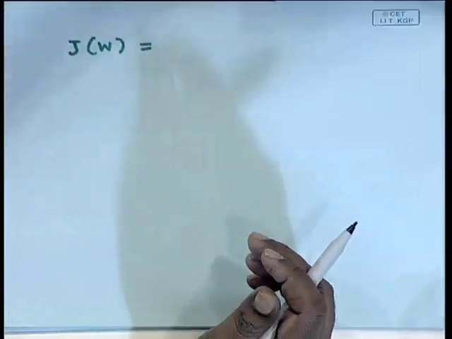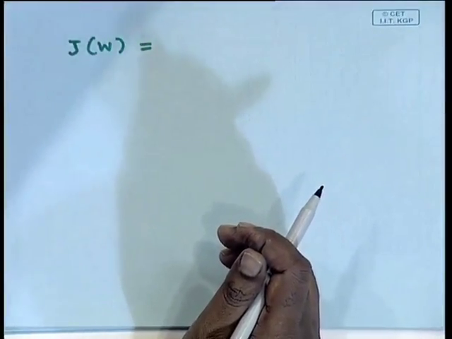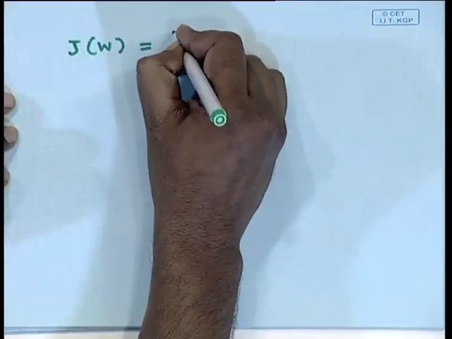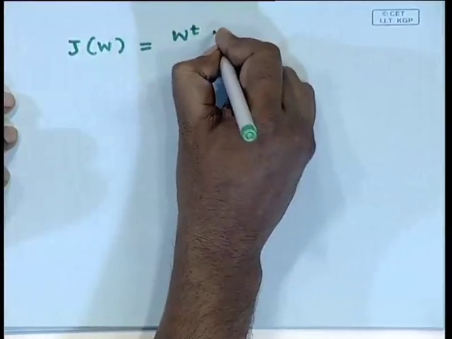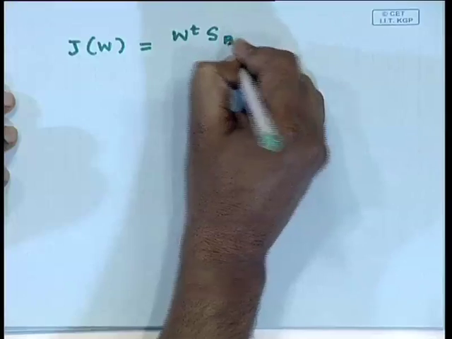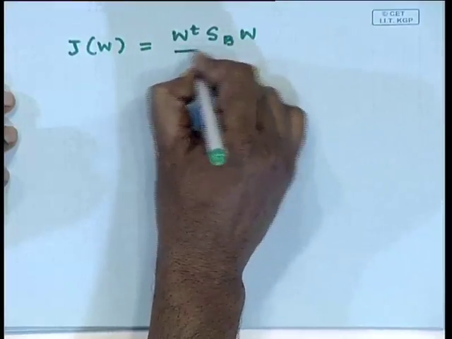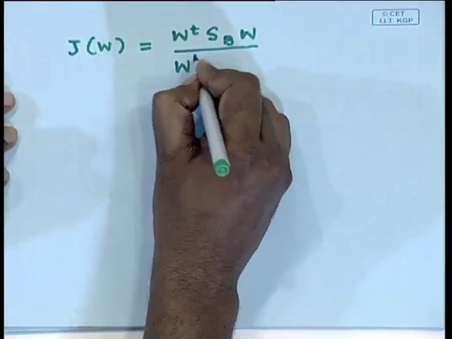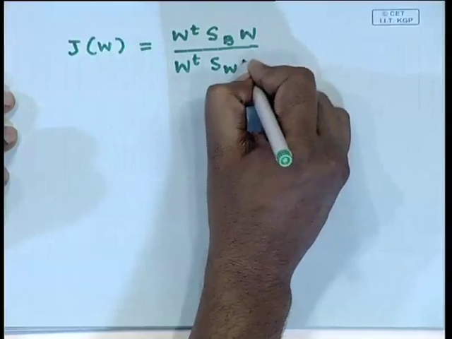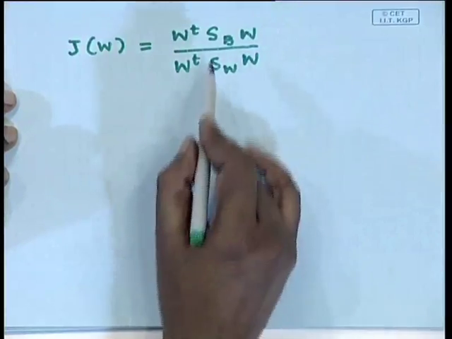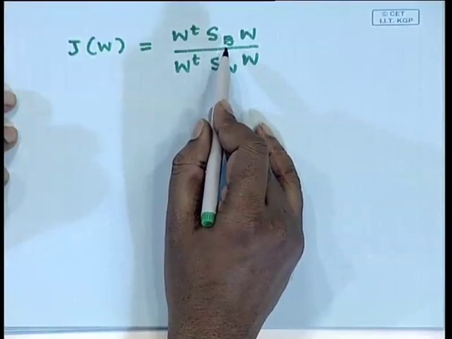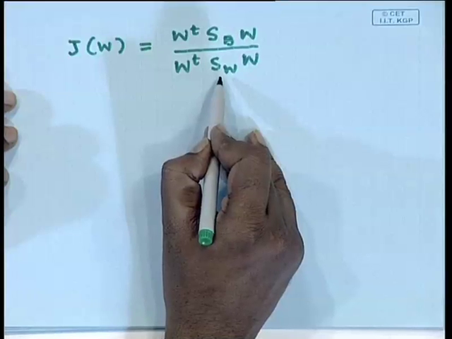So, I get an expression of this criteria function explicitly in terms of W, given by W transpose S B W upon W transpose S W W, where S B is the between class scatter and S W is the total within class scatter.